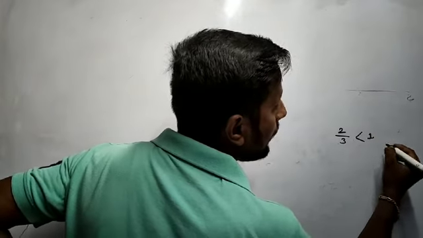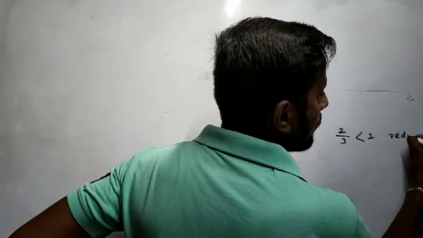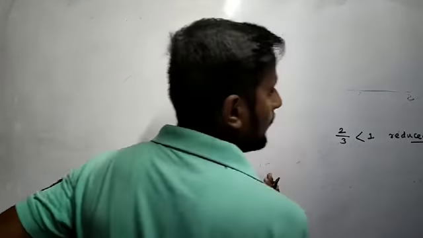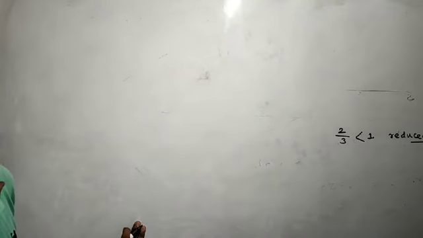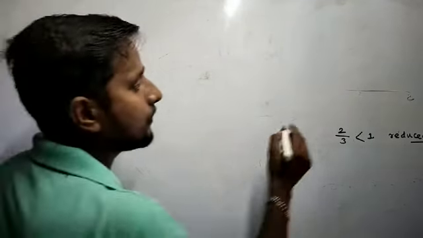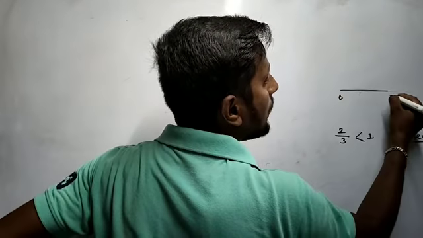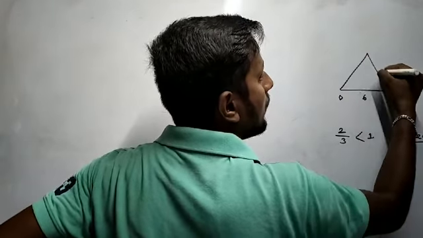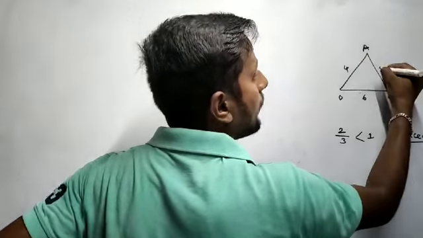So here we'll get a smaller, reduced figure. The measurements are 4, 5, 6 centimeters. I am taking the base as 6 centimeters. In the diagram, here 4, here 5.